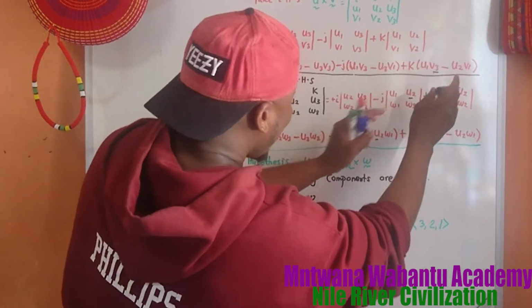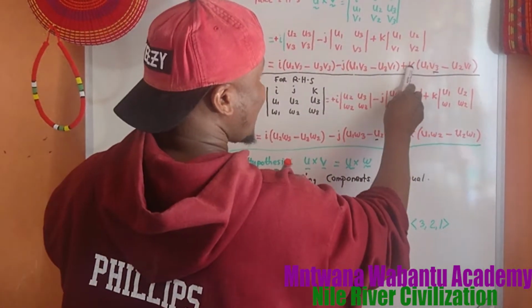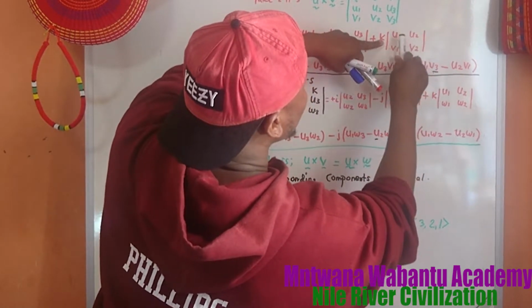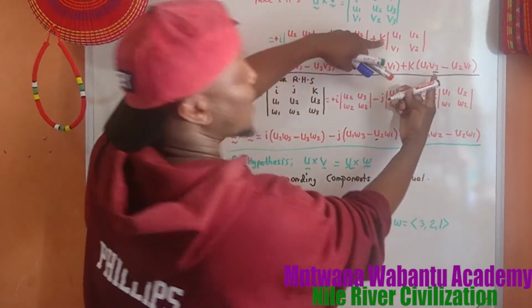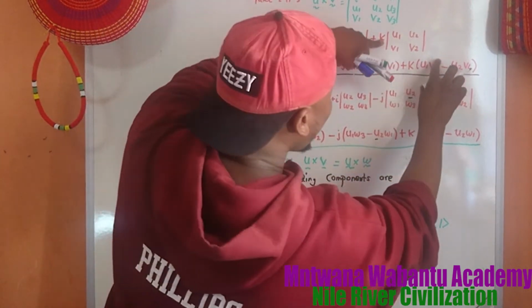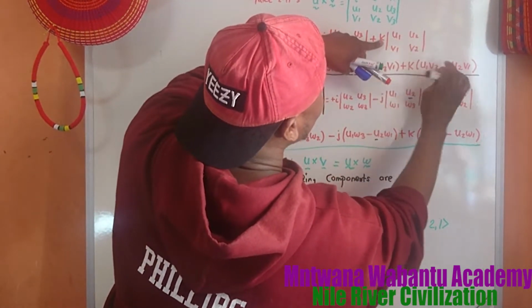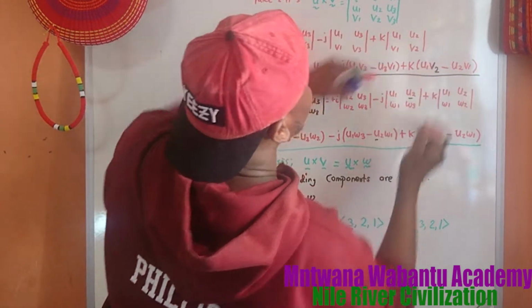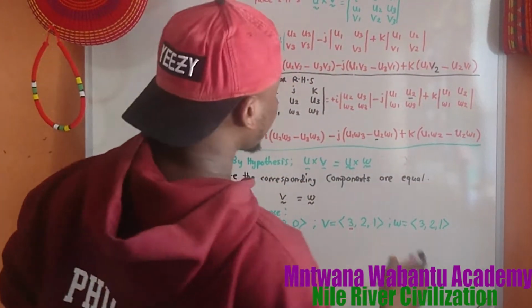But when I multiply, it's going to be u1 v2, which is correct. So it has to be u1 v2, not v3. I said v3, and this is wrong. It has to be u1 v2 because you multiply this way. Okay. Another mistake here.